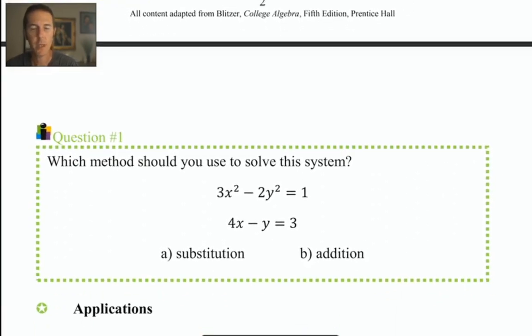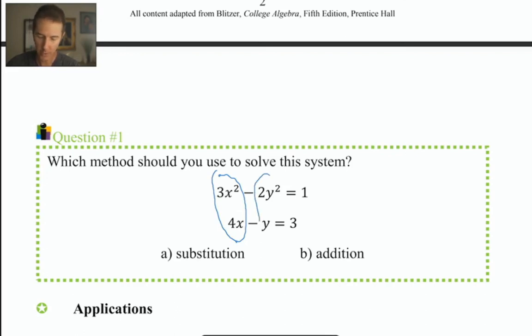So generally speaking, which method do we think we should use in order to solve this system of equations? I'll give you a hint. It's similar to the first one that we worked with. You don't have any like terms. There's no way to get our x squareds to cancel out here, because one of those is an x squared and one of them is an x to the first power.